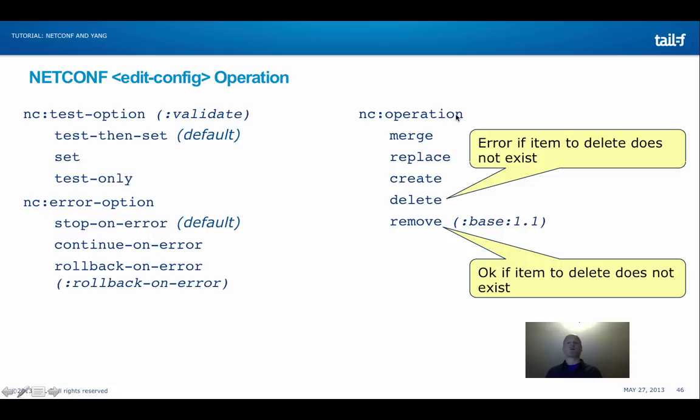The actual operations you can do are merge, replace, create, delete, and remove. Delete will fail if the item does not exist. Remove is okay, although the item does not exist. We'll stop here and look at some live Netconf conversations using these operations.